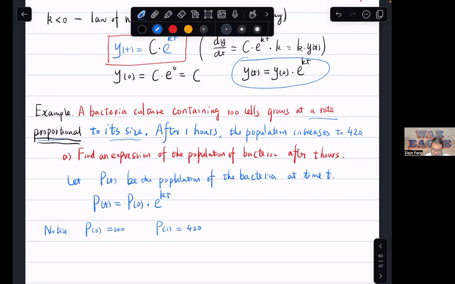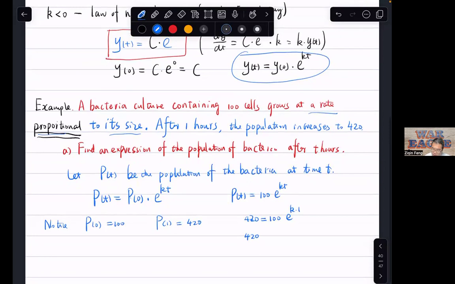So plug in the first condition, you get P of t equal to 100 e to kt. Plug in the second condition, we get 420 is 100 e to k times 1, right? Solving for k, you get 420 over 100 is e to k.